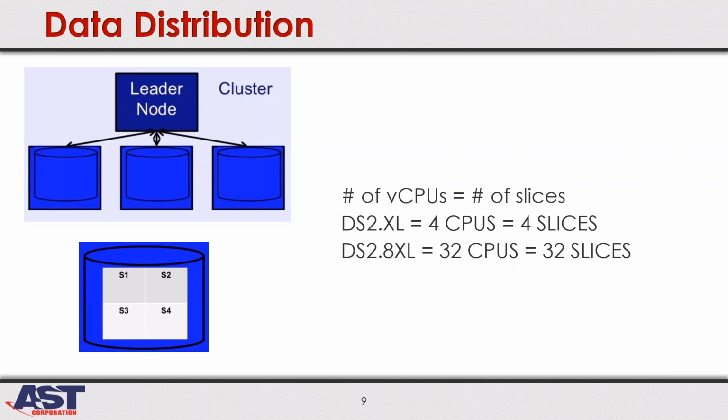So DS2 8XL will have 32 CPUs, that means we have 32 slices, like in each compute node there will be S1 to S32. The data distribution will be done based on these slices.